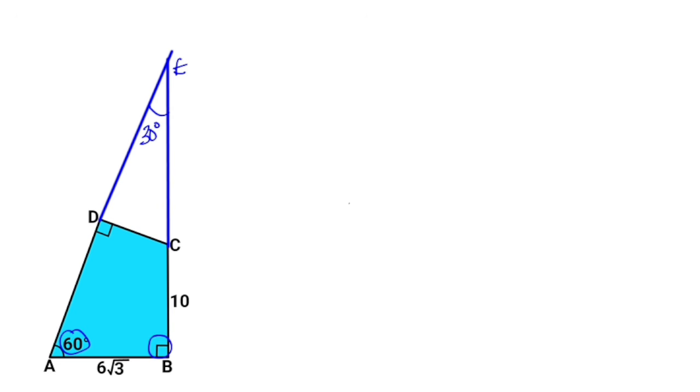Now, let's focus on triangle ABE. From trigonometric ratios, tangent of 60 degrees is equal to BE over AB. We know that tangent of 60 degrees is equal to the square root of 3 and AB is equal to 6 square root of 3.